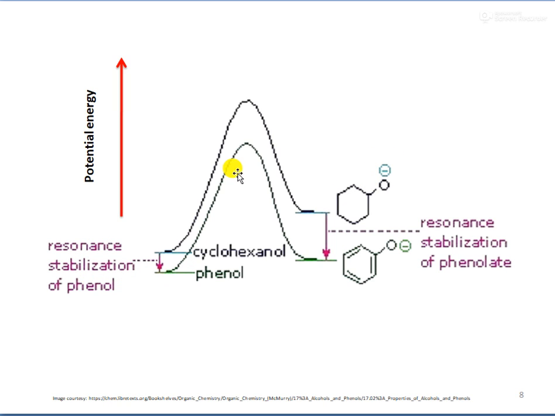The second curve represents phenol forming a phenolate anion. In both cases, the phenolate anion is more stable than the structure without the resonance delocalization. So the resonance delocalization gives extra stability to the phenolate anion.